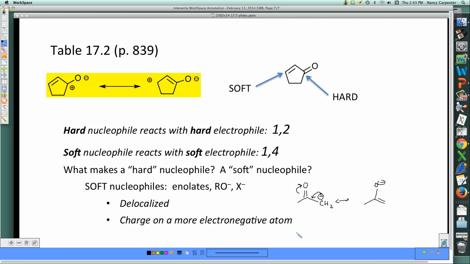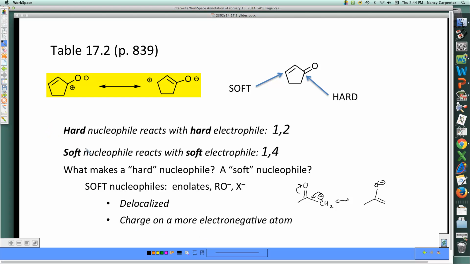So the bottom line here is that soft nucleophiles, which will react at the soft carbon of your conjugated system, are just a little less nucleophilic, a little more diffuse, a little more delocalized, a little milder, if you will, than hard nucleophiles.